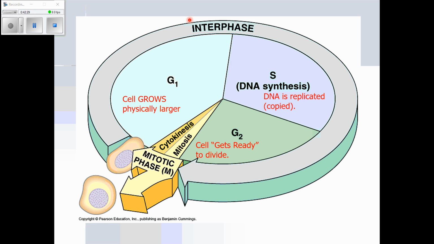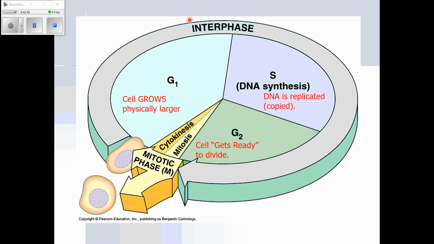Interphase means a couple of things. It means that the cell is not currently dividing. And secondly, interphase is when the cell is carrying out normal cell activities, whatever that is. If it's a pancreas cell, it's busy making insulin. If it's a nerve cell, it's busy sending messages.